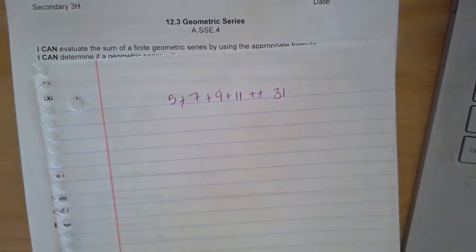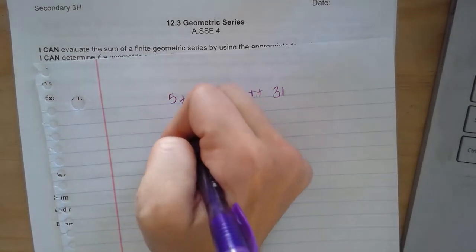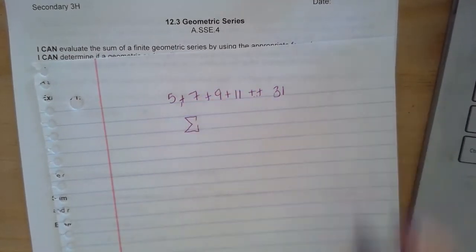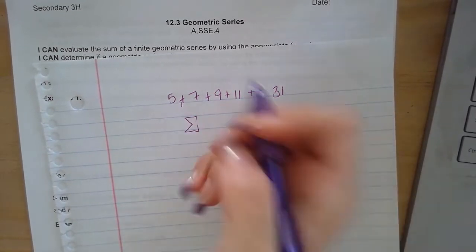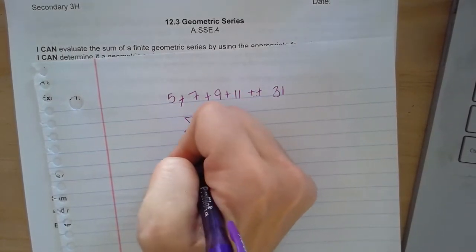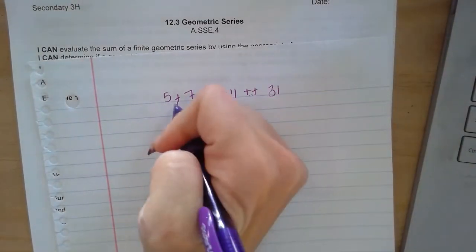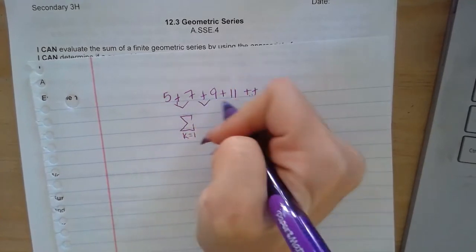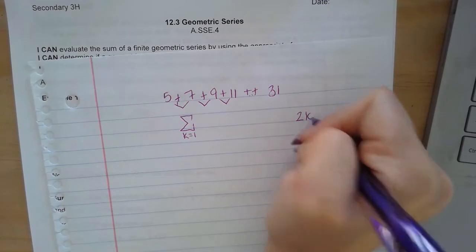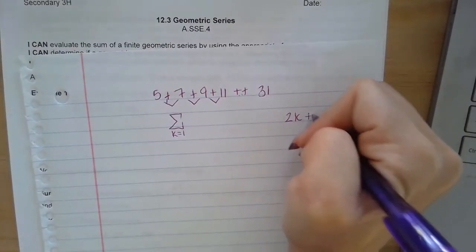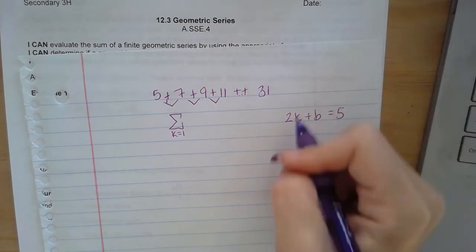Okay, now the way we did it last time to actually write a summation with that is that we saw that this was an easy pattern. It was actually linear. So we started with k equals 1, and we looked at the change, which in this case is 2. So 2 would be our slope, and we would have to ask ourselves, what are we adding to it to get to 5, if k was 1?